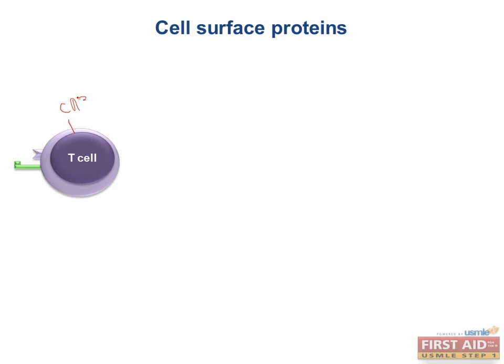Also, a cluster of differentiation that is unique to T cells is CD3. Okay, and there are some other CDs as well, like remember CD28 that bound with what on macrophages? B7, very good. Okay, and CD40 ligand that bound with CD40 on B cells. That was involved in, what was that involved with? Class switching. Very good. So that's T cells.